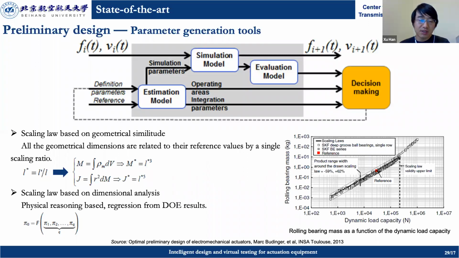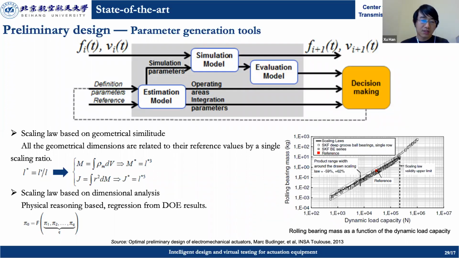With this assumption, after we define the major dimension, all the other dimensions and parameters like mass and moment of inertia can be determined. But this assumption is a little bit rough because it's not always true for components; the geometry has similarity between different models.